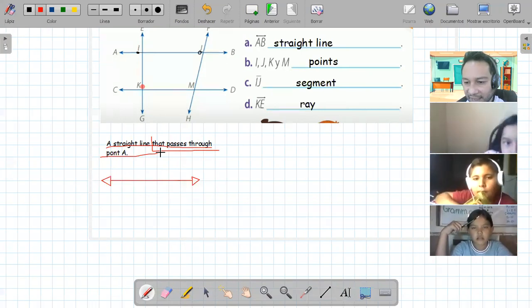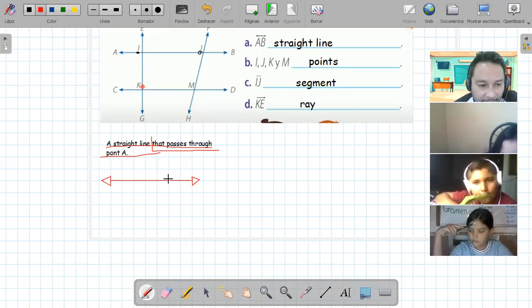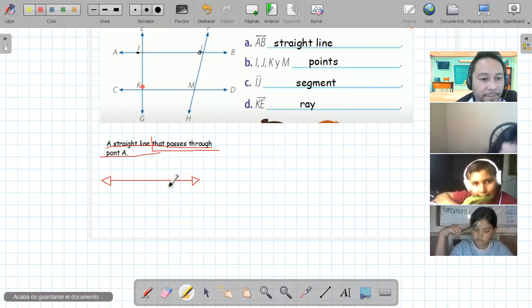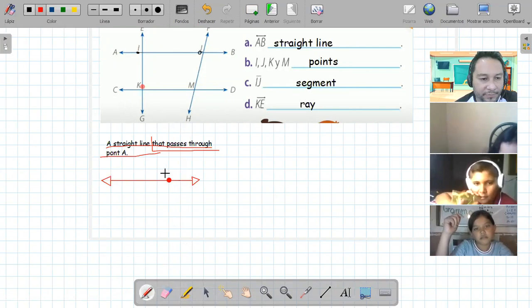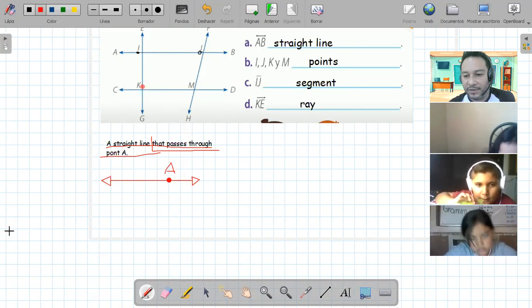It means that I have to make a point and write the letter A. And that is the answer.